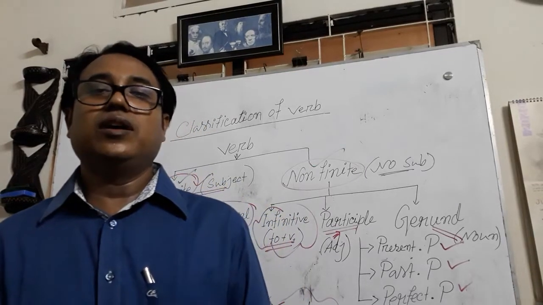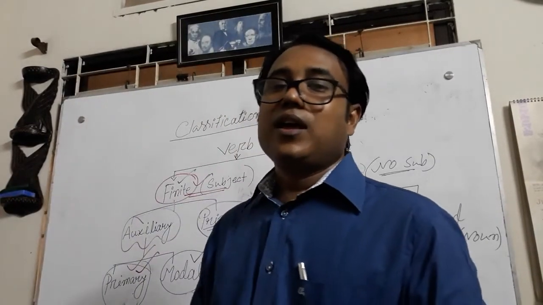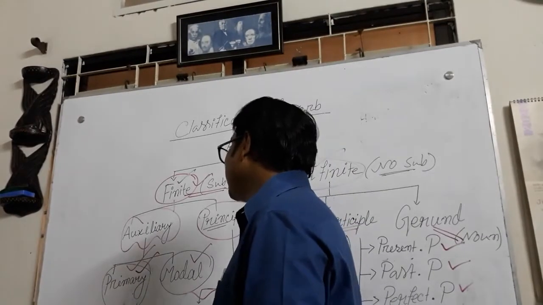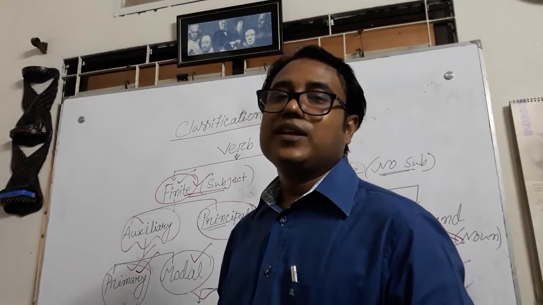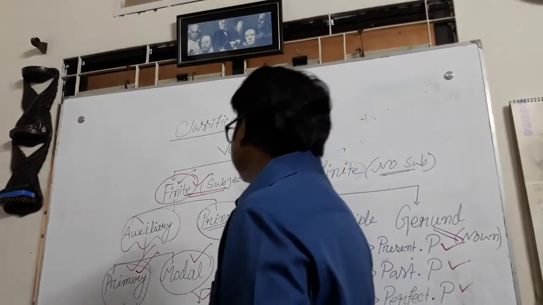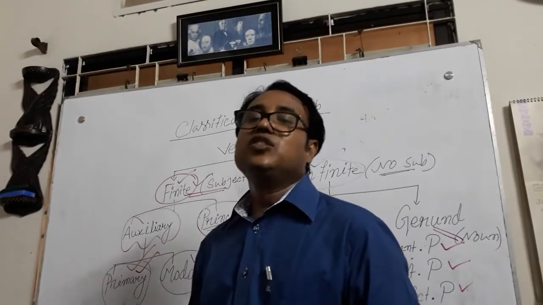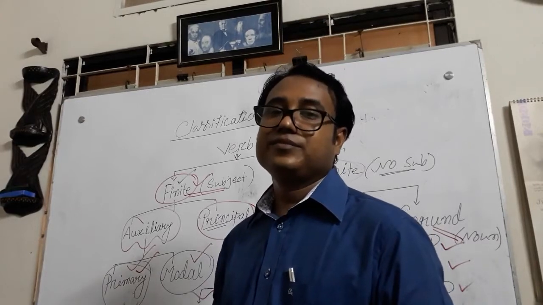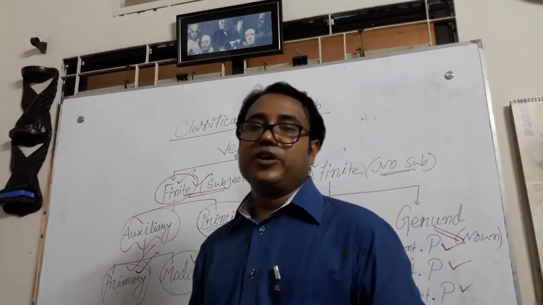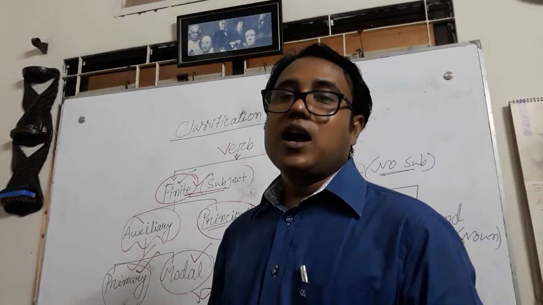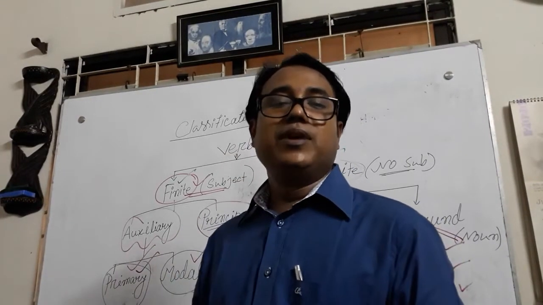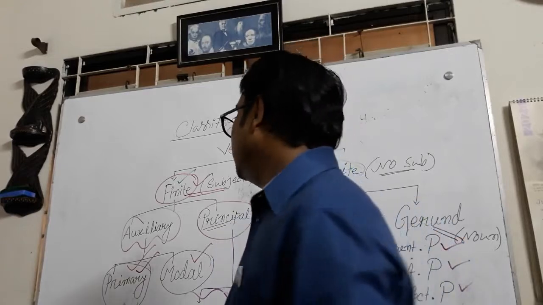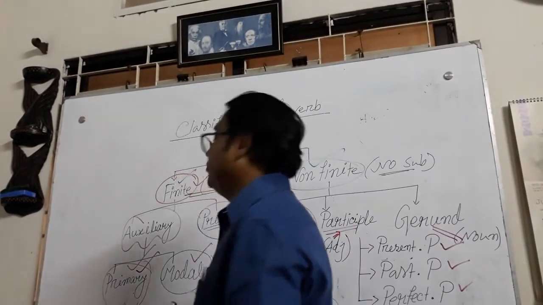Have a look on the board. The verb is actually divided into two types, that is finite verb and non-finite verb. And come to the main point. How can we identify, how can we mark the finite verb?